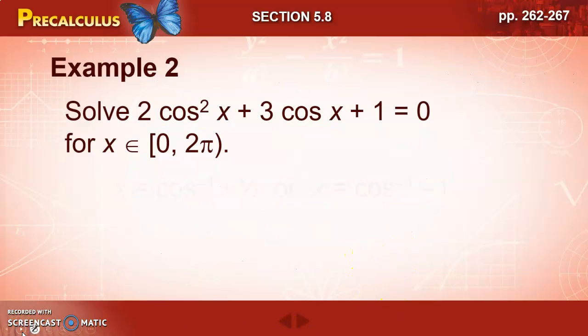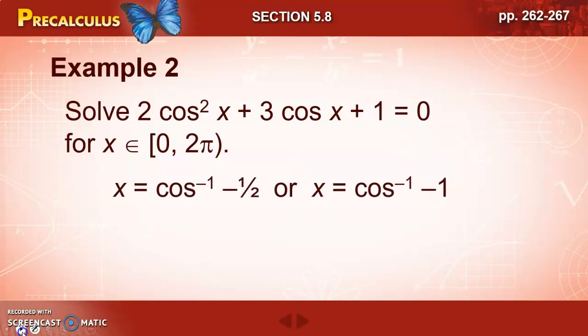Referring to a unit circle, we see that there are two possible values that have a cosine of negative 1/2 within our unit circle, 2 pi over 3 and 4 pi over 3. And we see that there's one value where the cosine is negative 1, and that's at x equals pi. So these are our three answers. X is equal to 2 pi over 3, 4 pi over 3, or pi.